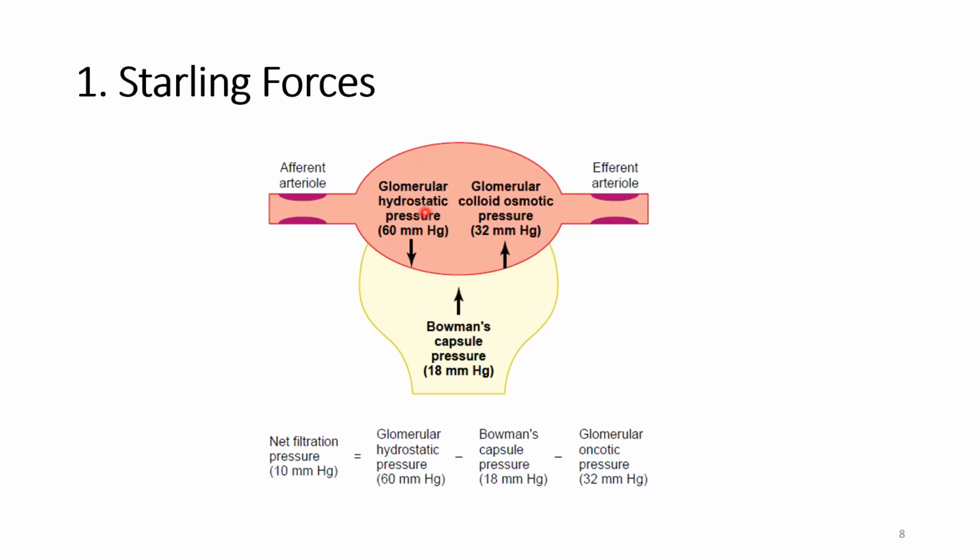So under this hydrostatic pressure, high pressure, filtrate plasma basically goes out of the glomerulus and comes in the Bowman capsule, and that filtration fraction that we talked about is formed, and that causes the Bowman capsule pressure to also increase.